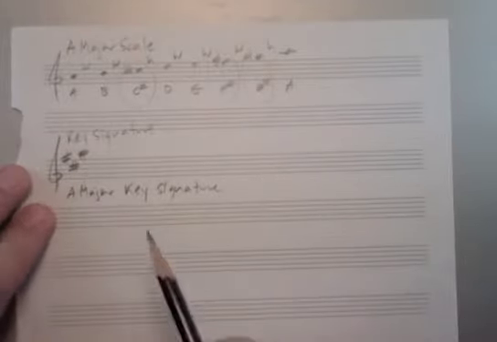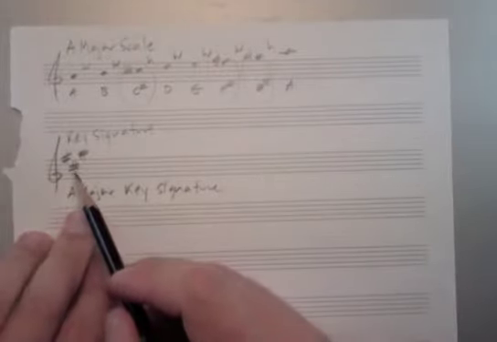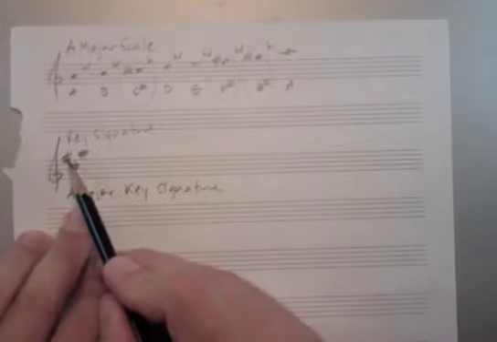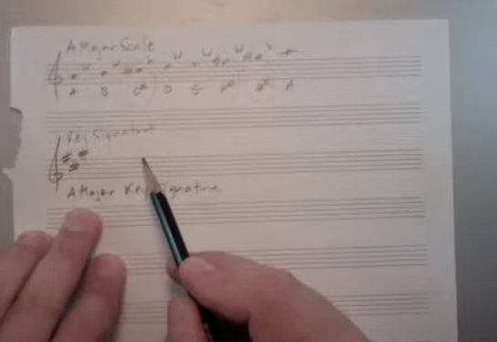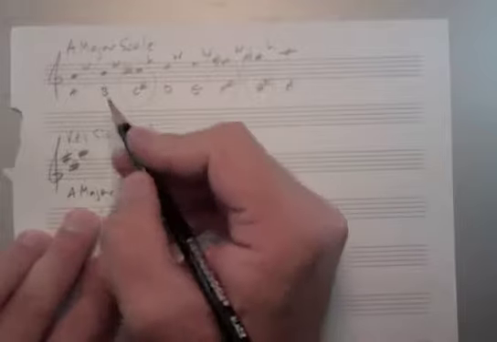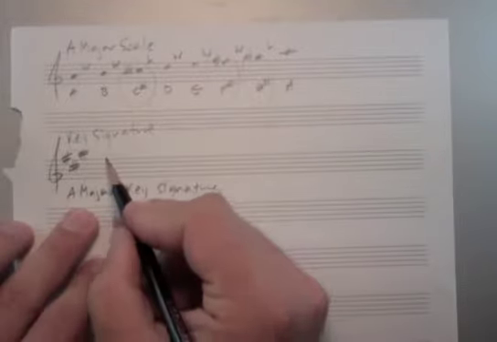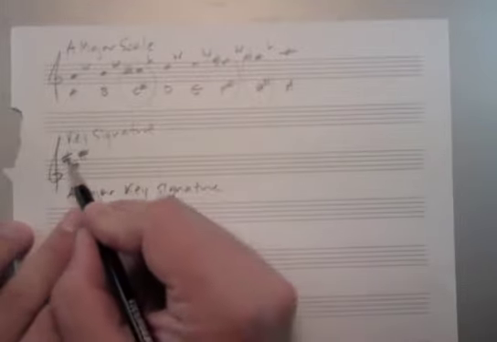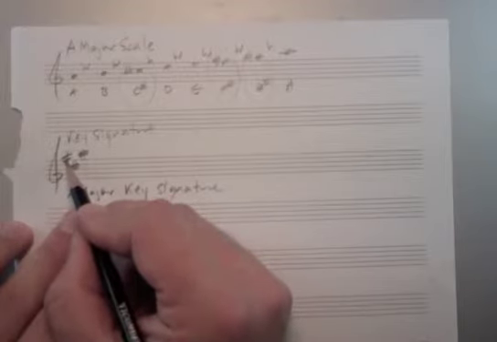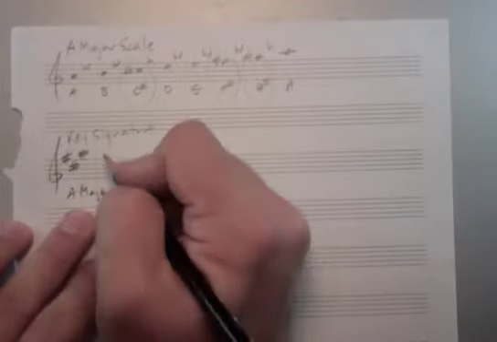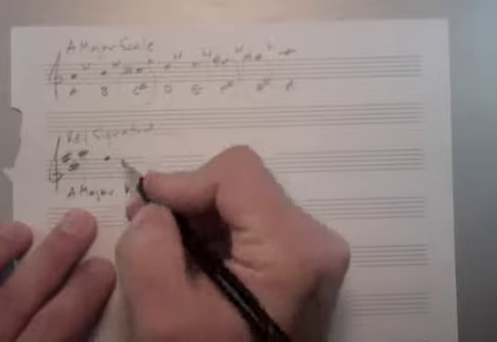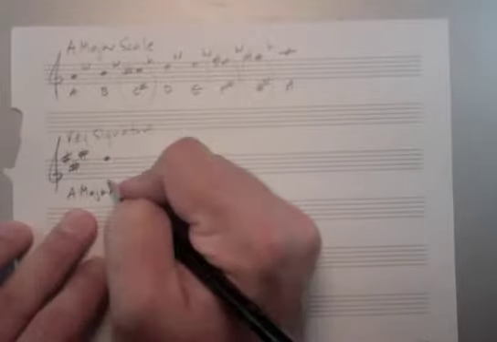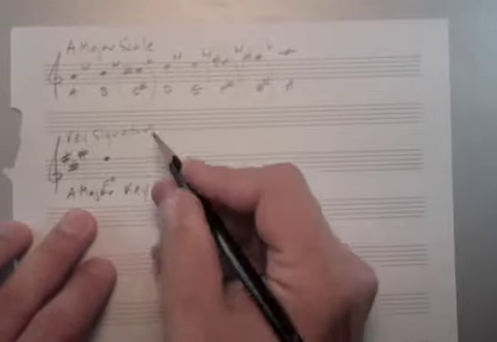And so what these sharps tell us is that anytime there's a note that's an F written, or actually, because key signatures cover all pitch classes, if we have this note, because there's a sharp over here, it's an F sharp.